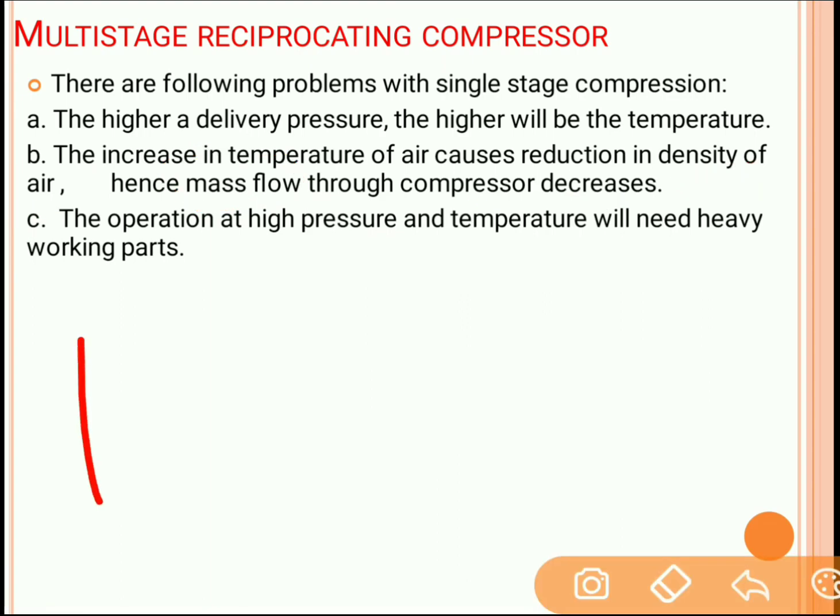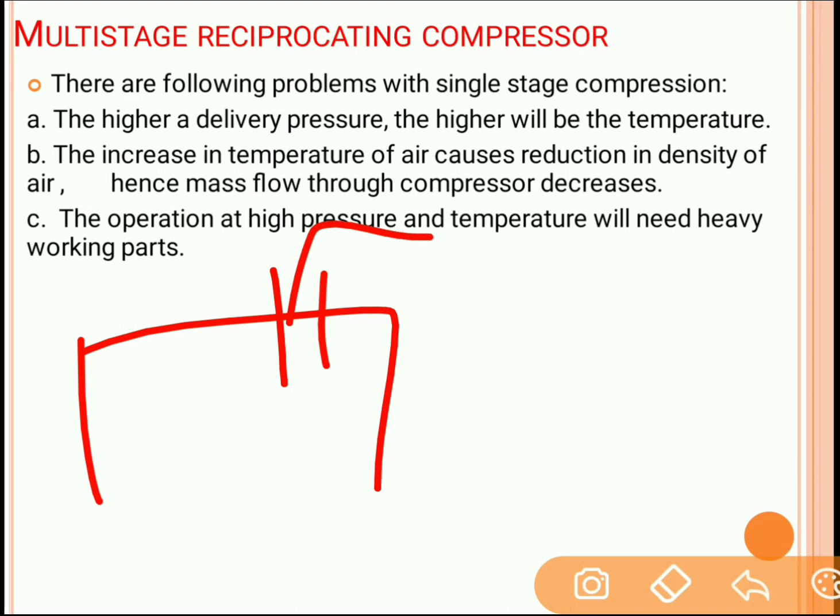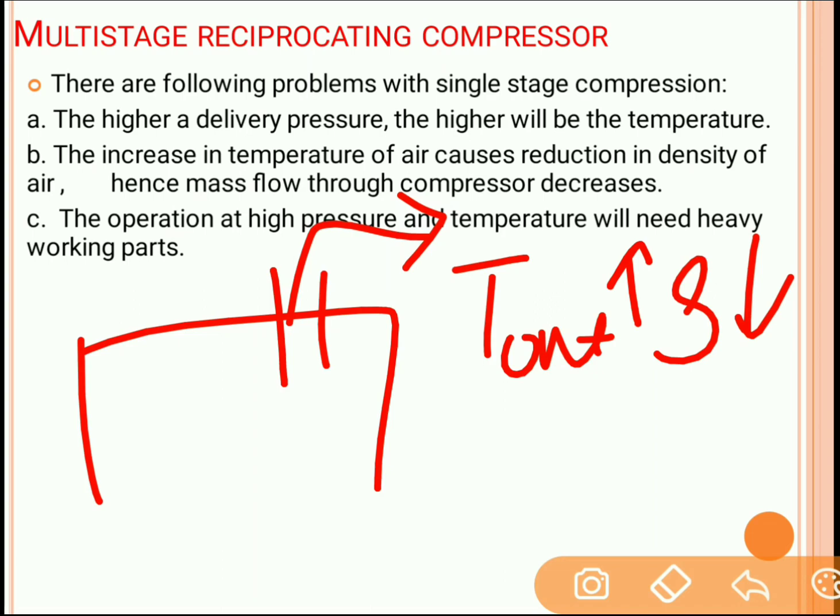Mass flow rate means the amount of air which you are getting at the end of the delivery pipe. So as the temperature of air at the outlet, that is at the delivery pipe, is more, density reduces. So as density reduces, mass flow rate decreases. So as mass flow rate decreases, we are getting less amount of air at the delivery pipe.